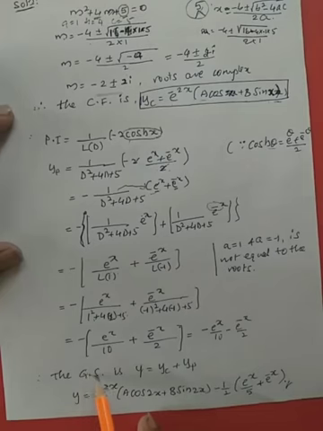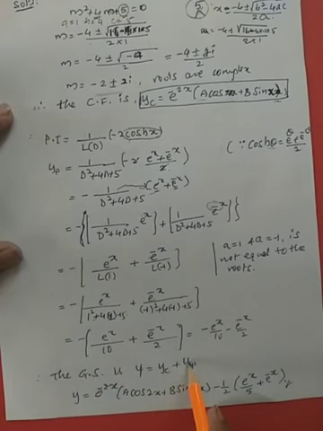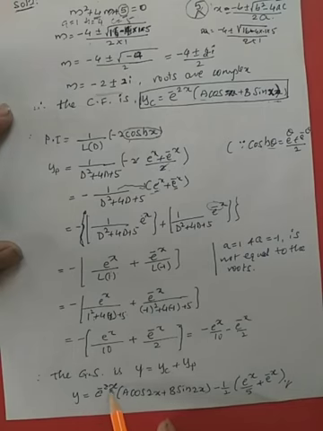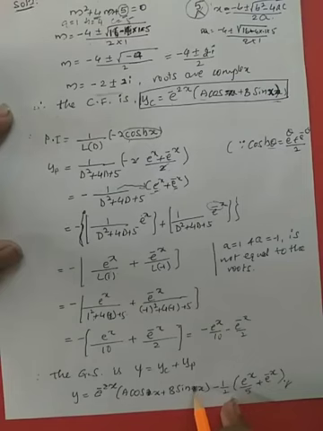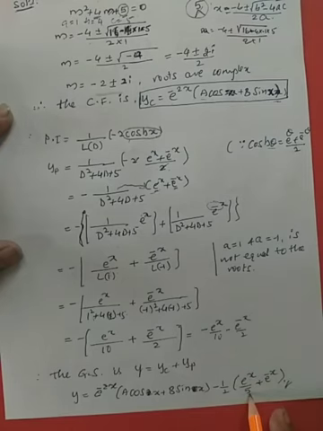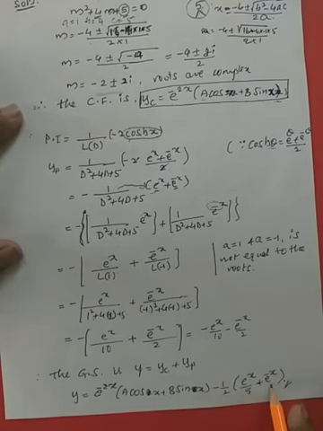Therefore, the required general solution is y equal to yc plus yp, which can be written as y is equal to e to the power minus 2x into bracket A cos x plus B sin x, minus 1 by 2 times e to the power x divided by 5 plus e to the power minus x.